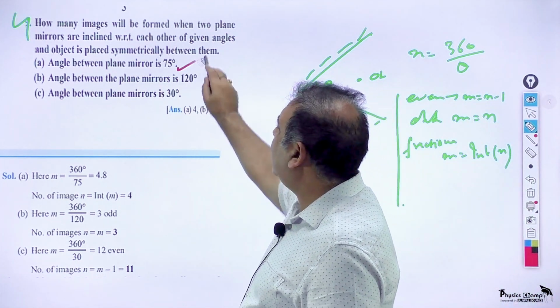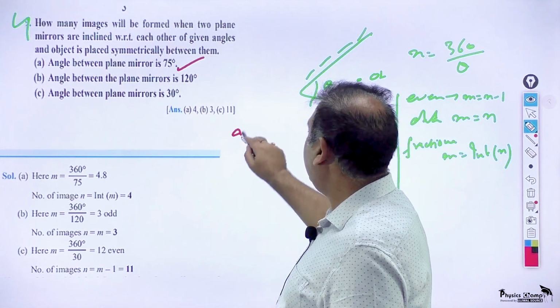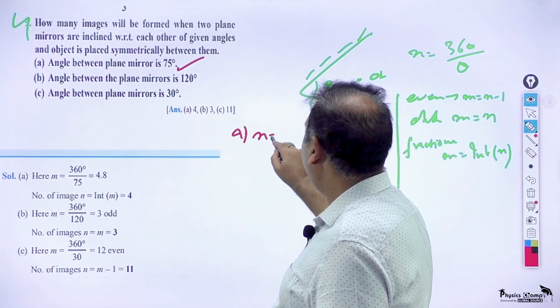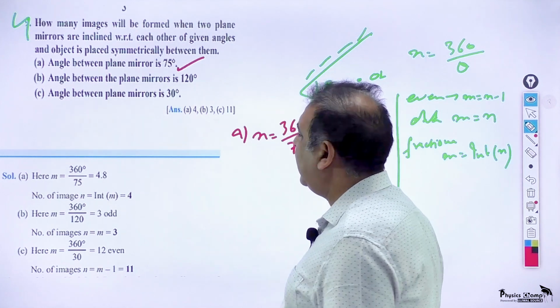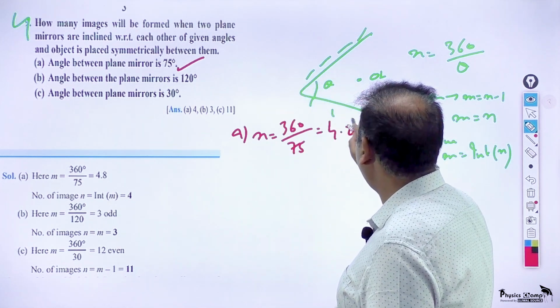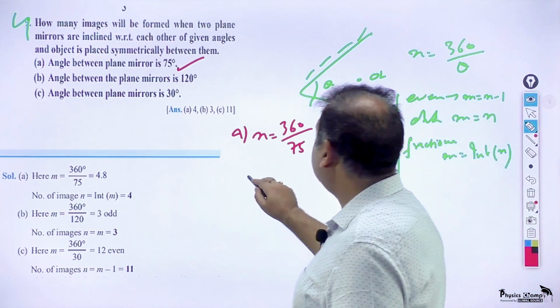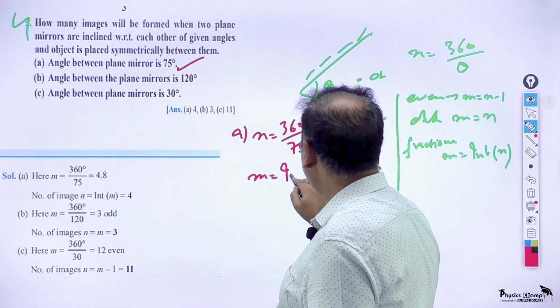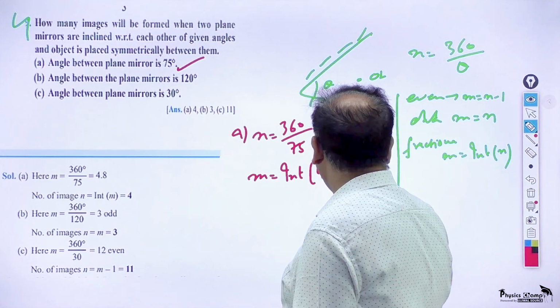When the angle between the mirrors is 75 degree, how many images? So A, angle is 75 degree. So when the angle is 75 degree, answer is 4.8. So how many images? It is integer of 4.8, that is 4.